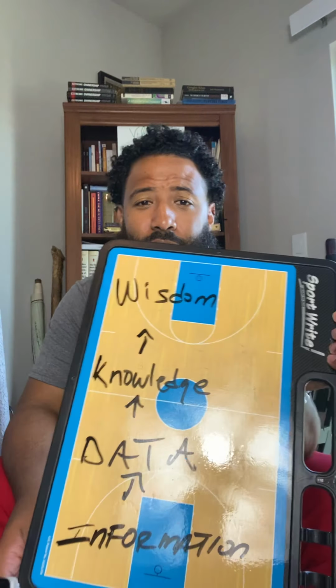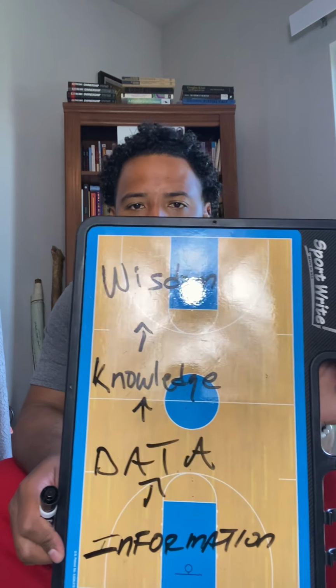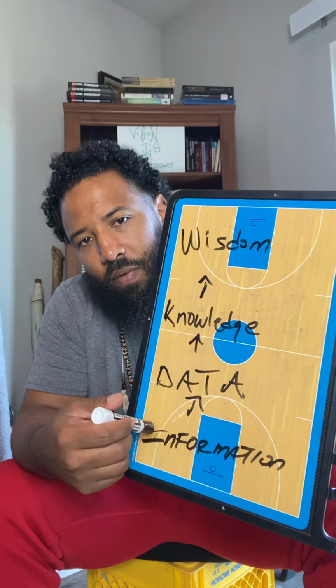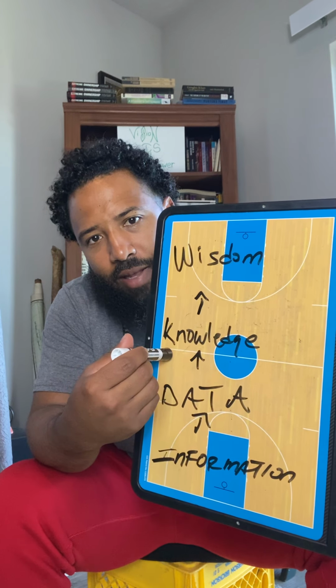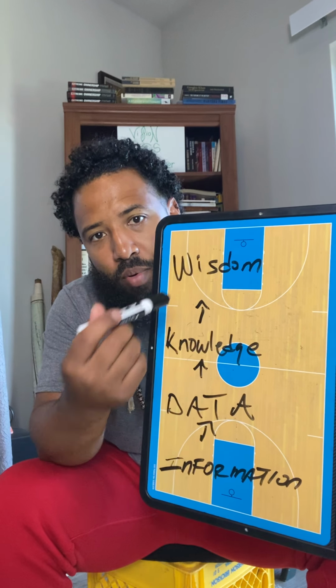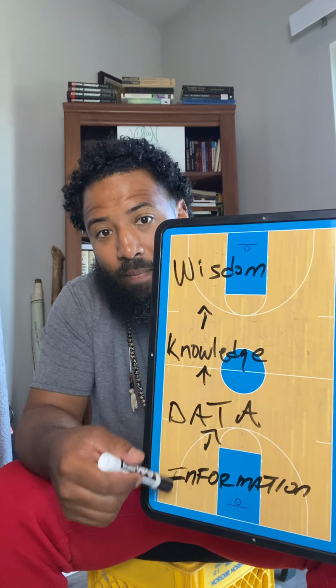So yeah, this isn't just a basketball skill. This is a life skill. And when you're on the court, can you just take things in as information, move it to data, take that and gain some knowledge from it, and then boom, you have wisdom. And how fast can you? What's your speed of perception with that?